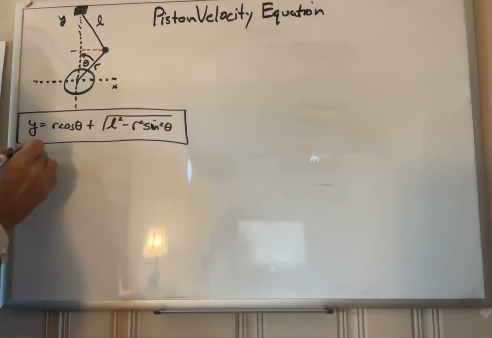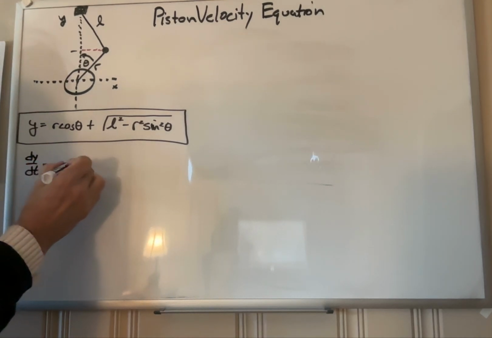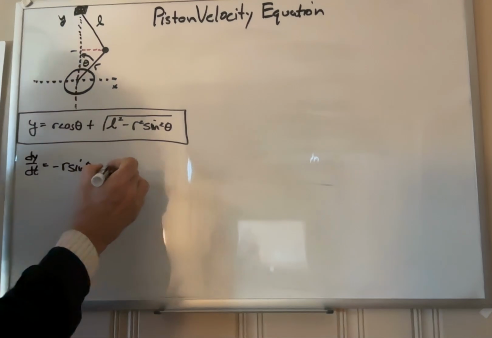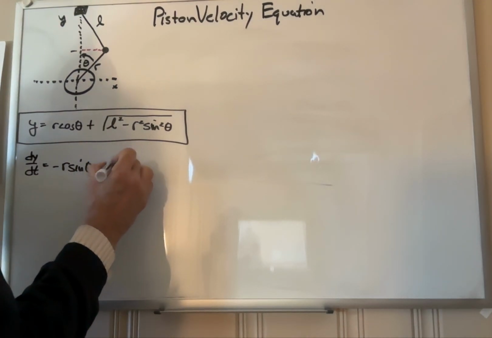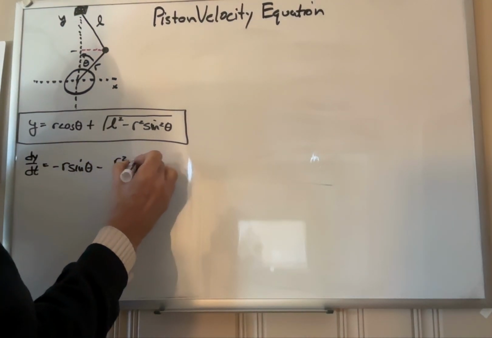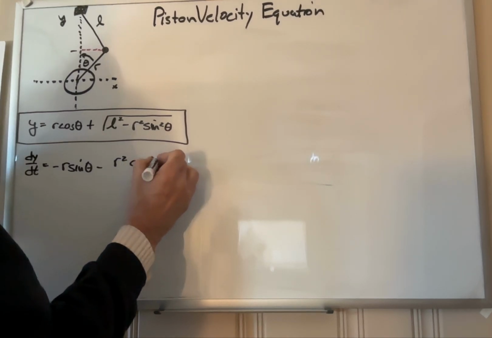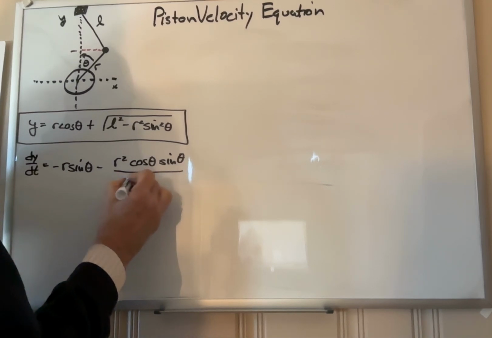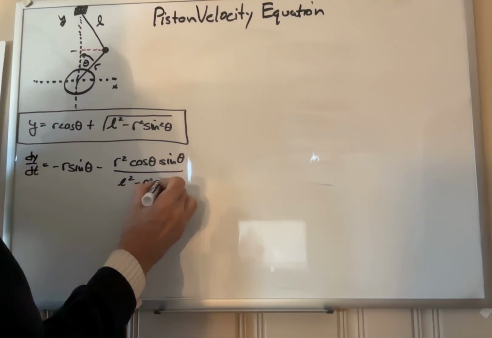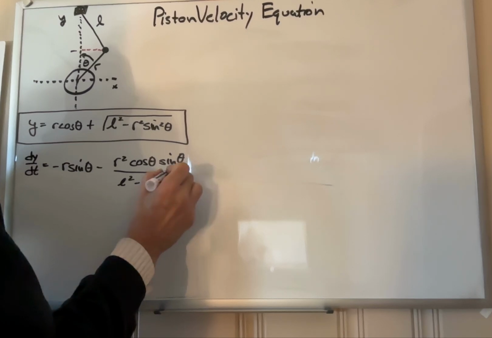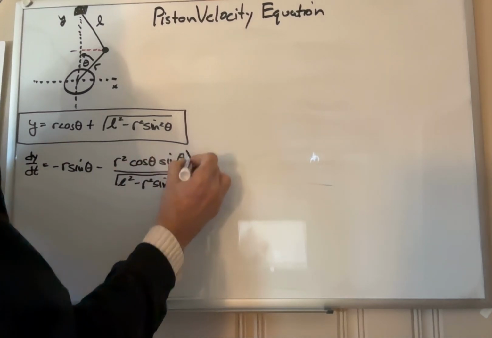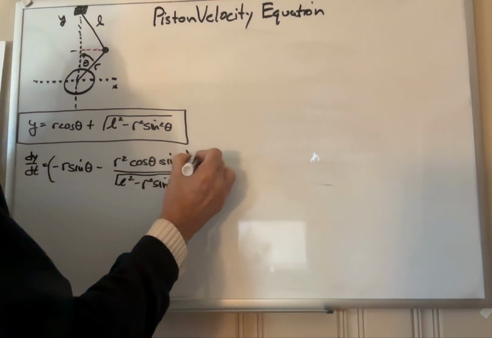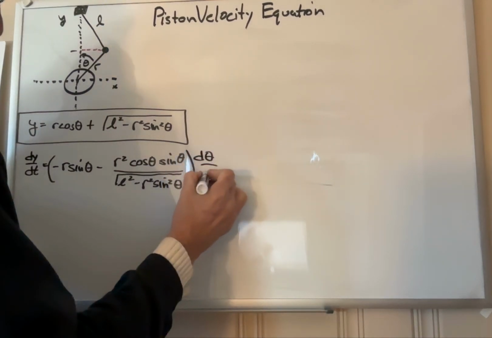All right, so dy dt is going to be equal to negative R sine theta minus, without doing the math, R squared cosine theta sine theta divided by the square root of L squared minus R squared sine squared theta. And then the whole thing needs to be multiplied by d theta dt.